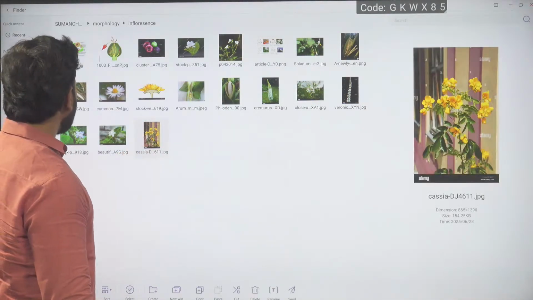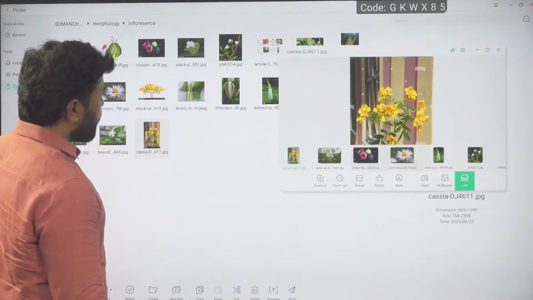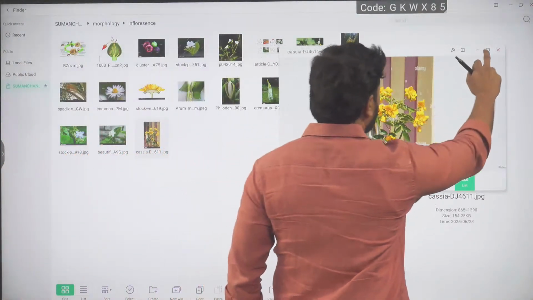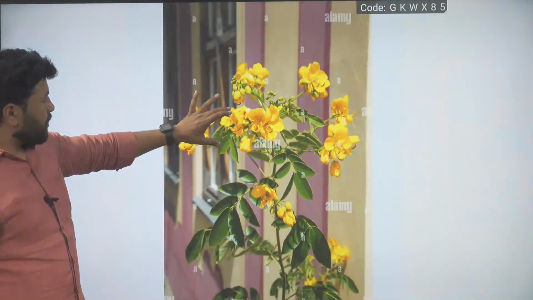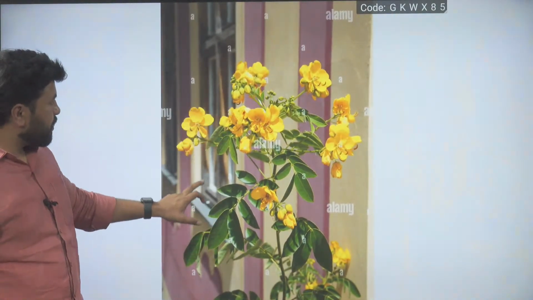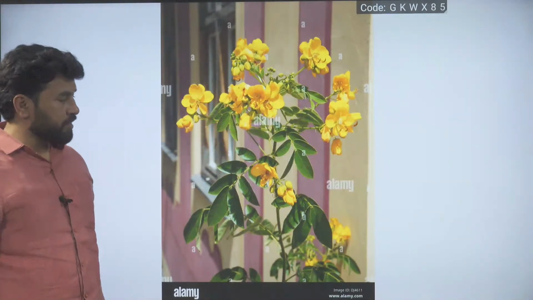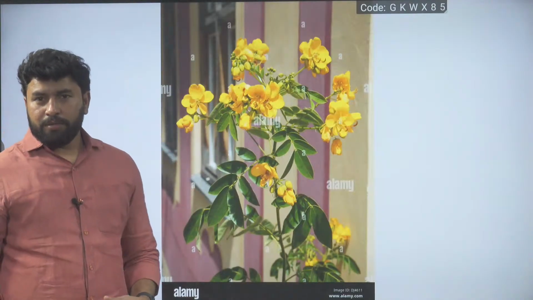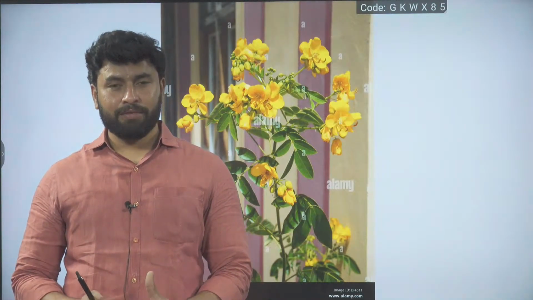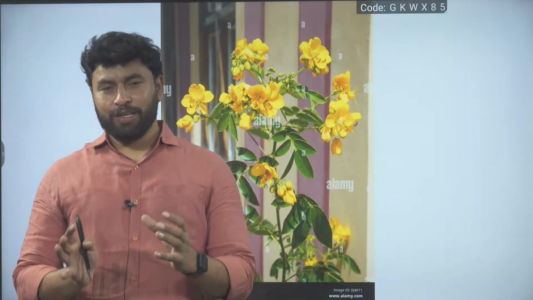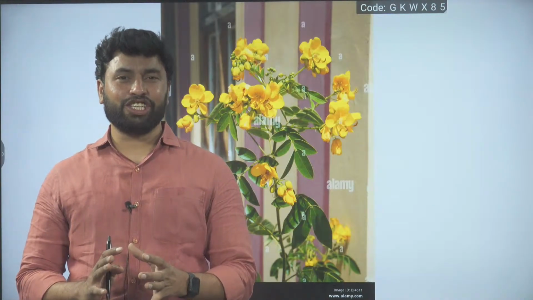First, this is the diagram that they have given in our NCERT book regarding racemose inflorescence. You know, this plant name in Telugu is called Tangedu. Whatever it is in another language, in English it is called cassia.